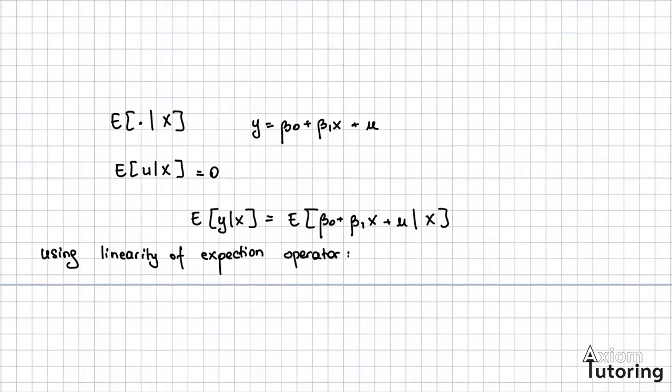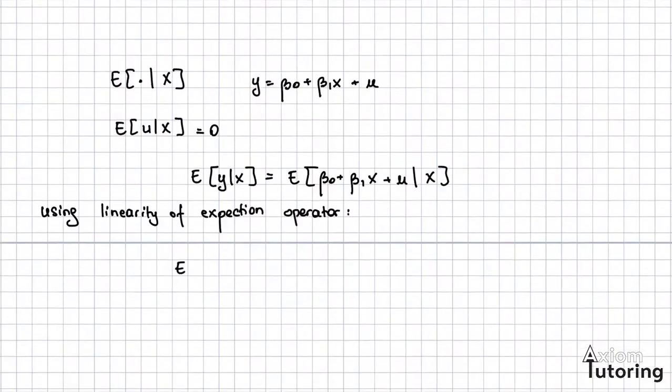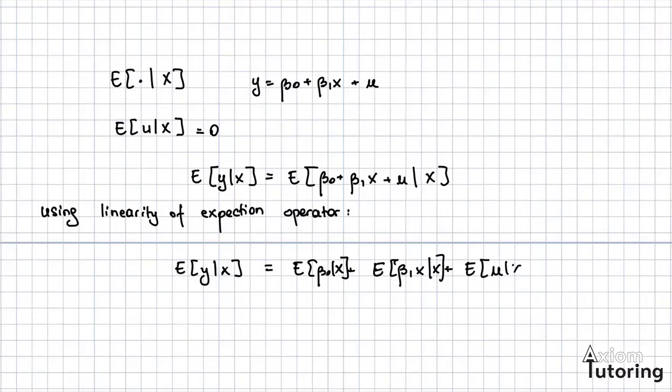Then we can rewrite this expression as the conditional expectation of y on x being equal to the expectation of beta 0, plus the expectation of beta 1 x, and sorry, it's all conditional, so let me just add this, and ultimately the expectation of u on x.